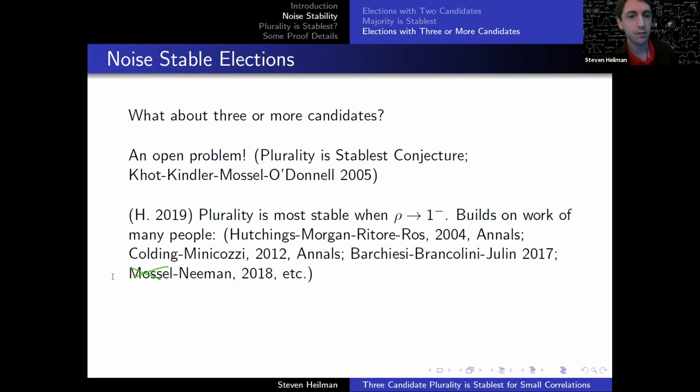Sorry to Elkanon, that was a typo. They more or less solved this problem when rho equals 1.